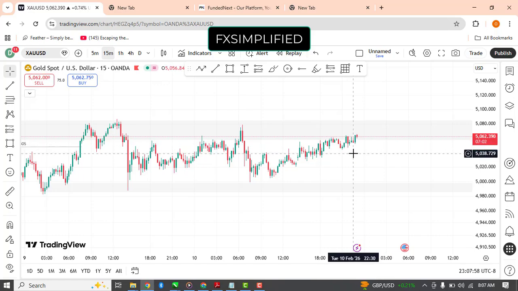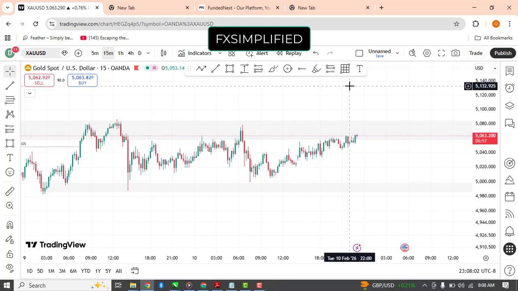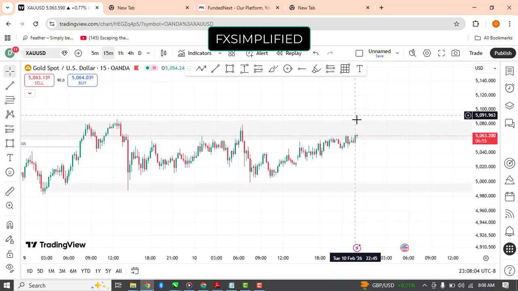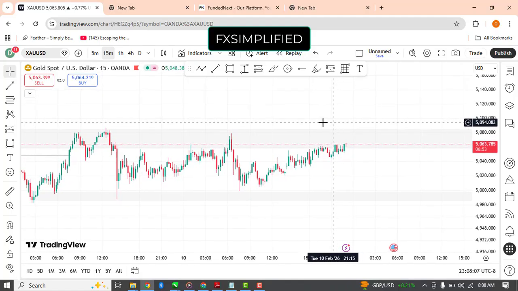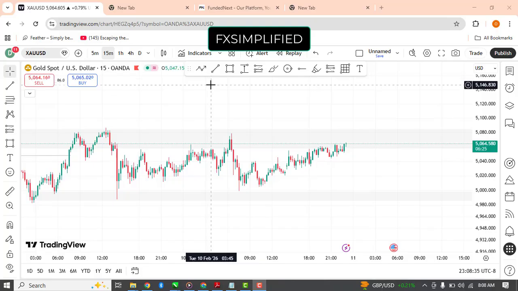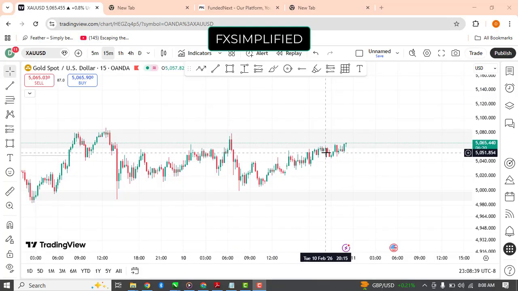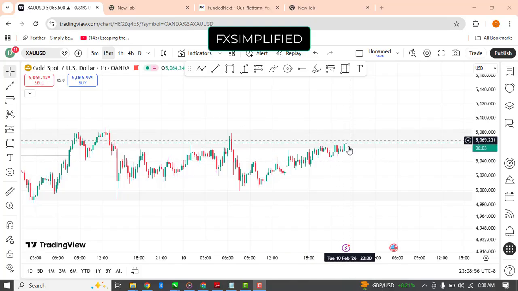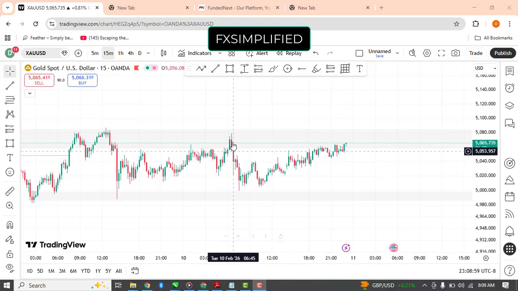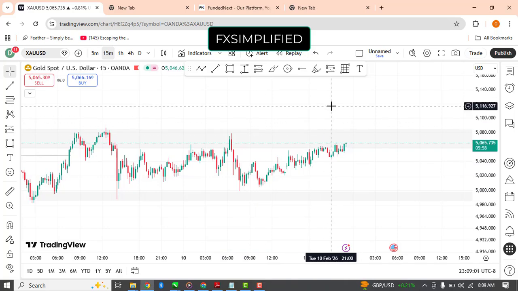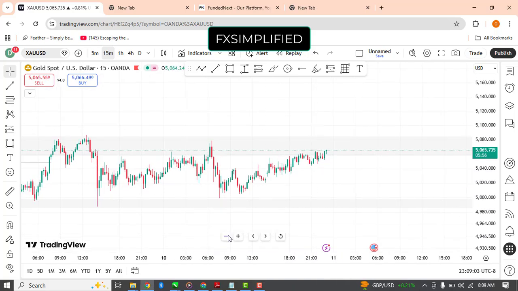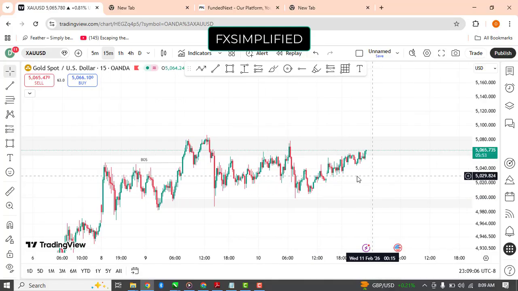We want to look out for more confirmations for price to break through this supply zone. If price breaks through this previous supply zone, that is when we are going to be looking out for our buying opportunities.